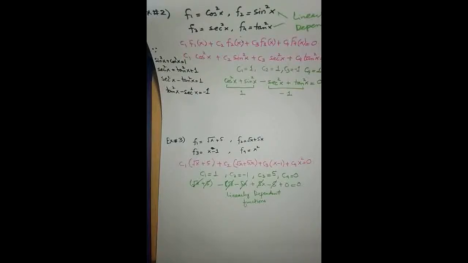So that is linearly independent, otherwise it is not. This combination is linearly independent functions. I hope that you understand these linearly dependent and independent functions. In the next video I will tell you the other method, and that is a very authentic method to check whether the combination is linearly independent or not.